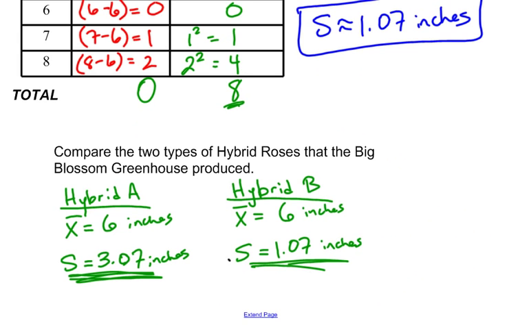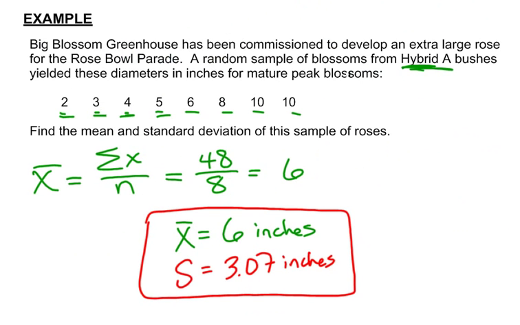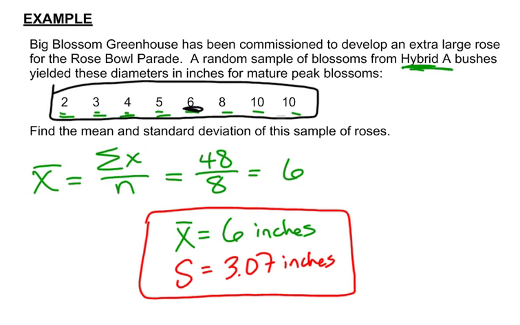So if we look back at the hybrid A values, the mean was 6, but you can see only one value came out to be equal to that, and several others, 2 and 3, were quite considerably off, and 10 down here, quite considerably off from the 6 inches that we had.